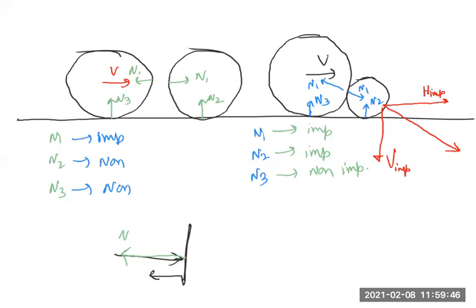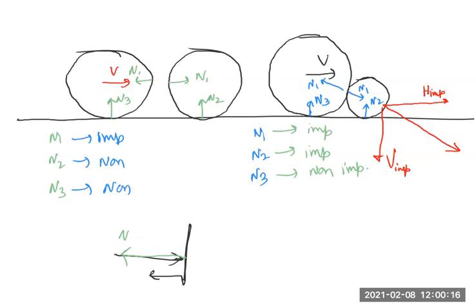Okay. The impulsive force can only be balanced by another impulsive force. So if this small ball has an impulsive force acting on it vertically downwards, then it must acquire a velocity vertically downwards. However, the floor is there, right? And N2 is the normal reaction by the floor on the small ball.